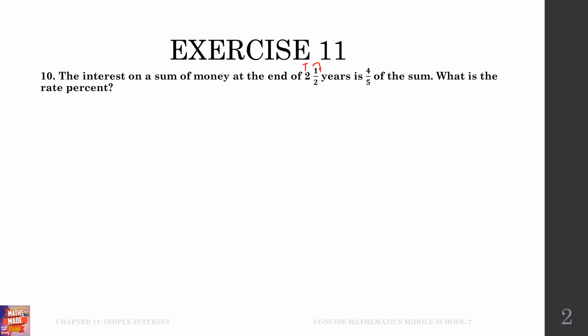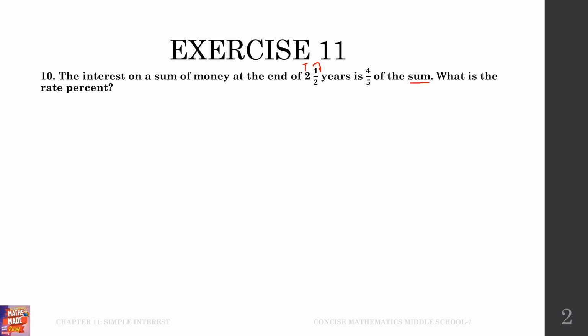If you look at the question carefully, the interest on the sum of money, so we have taken some amount, right? That is the principal. So the interest for 2.5 years is this much of the sum. That means the sum is nothing but principal, right?